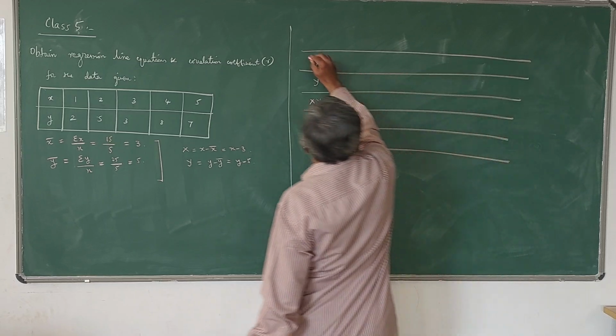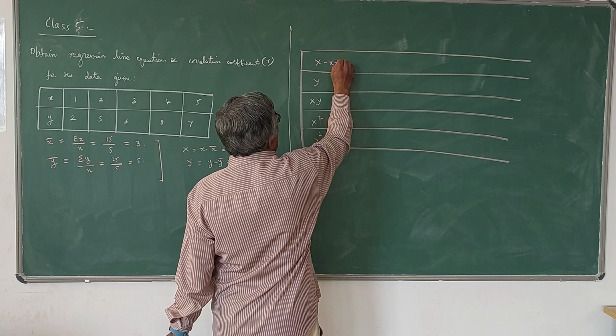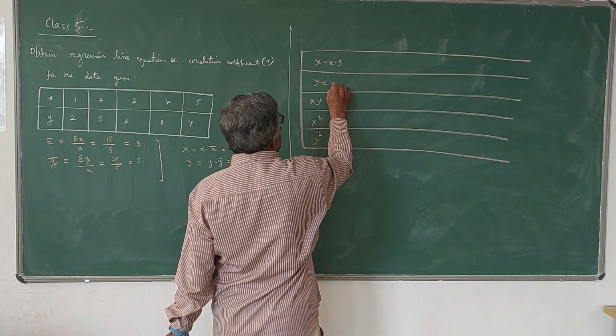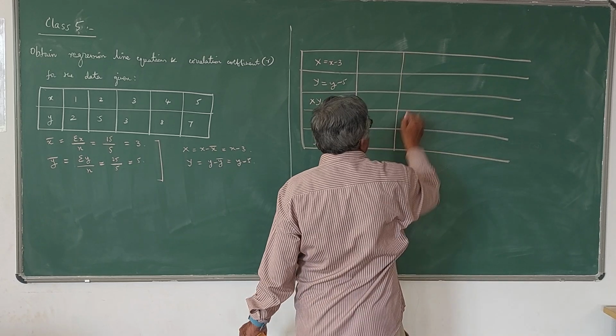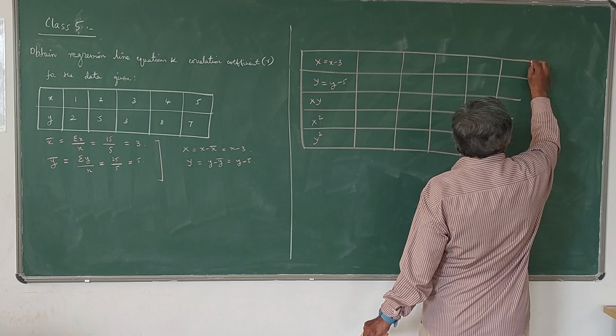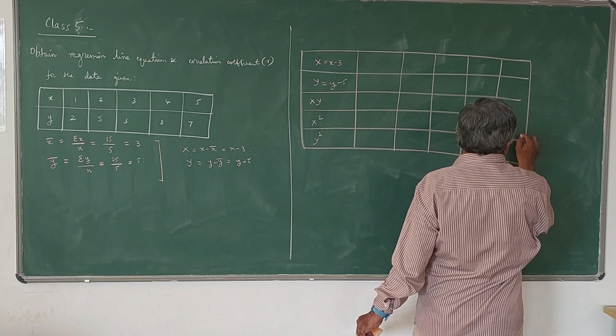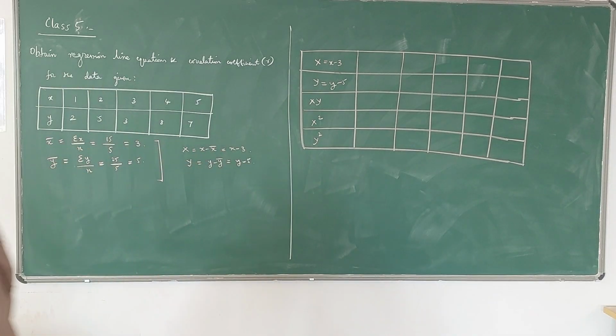The capital X is small x minus 3. Capital Y is small y minus 5. There are 5 sets of data here.